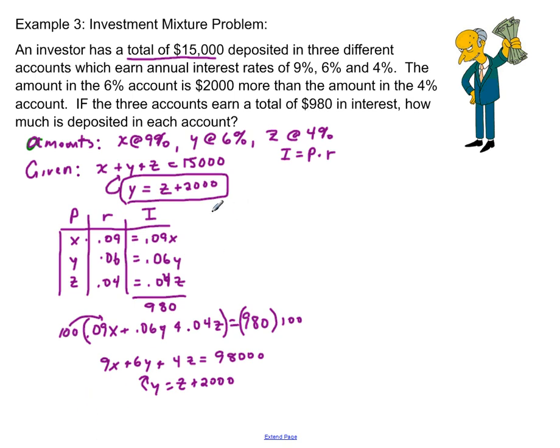Let's see. In the first case, if we take x plus y, that's now x plus z plus 2,000 plus z, that's going to give me 15,000.